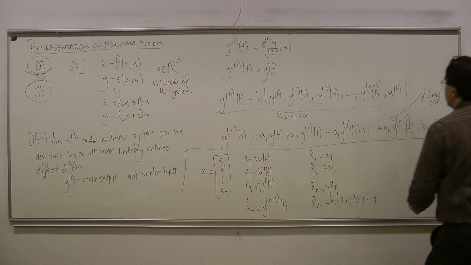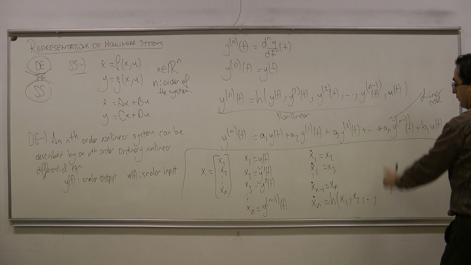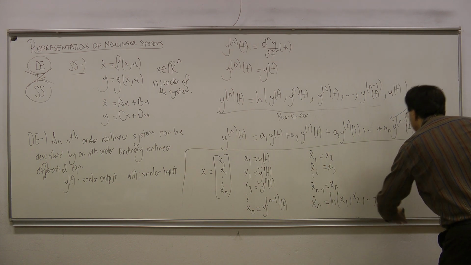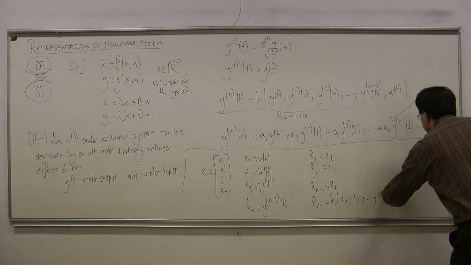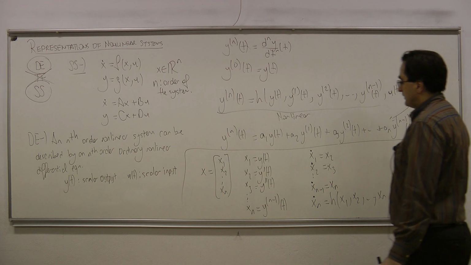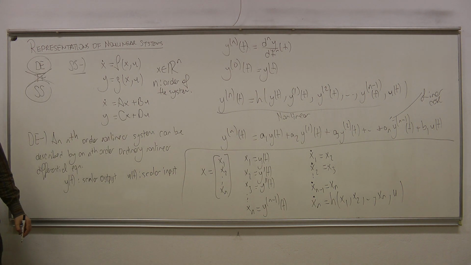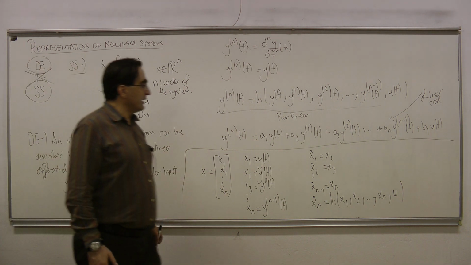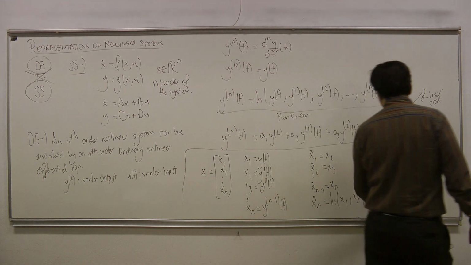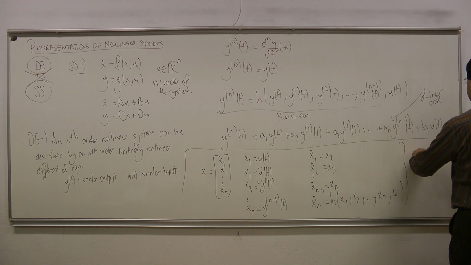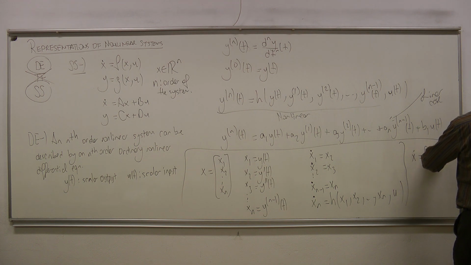These continue until the n minus first order derivative. So I have xn here, and I would have the input u. So this is my state equation, and this is in the form x dot is equal to f of x and u.